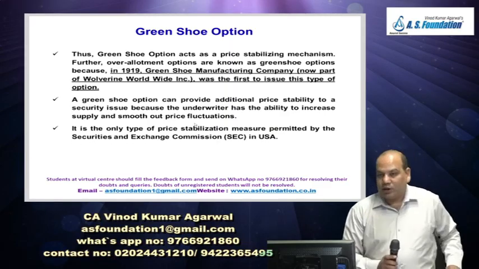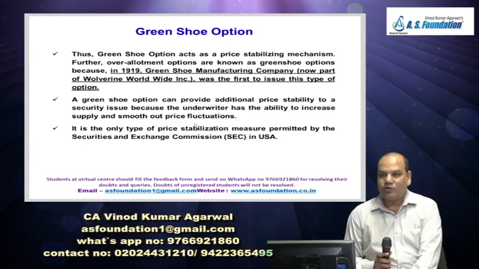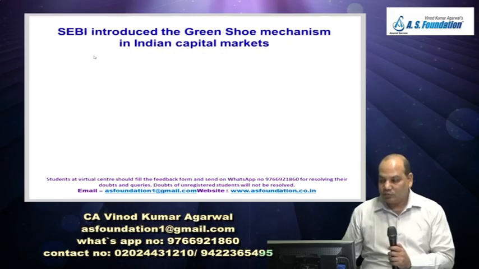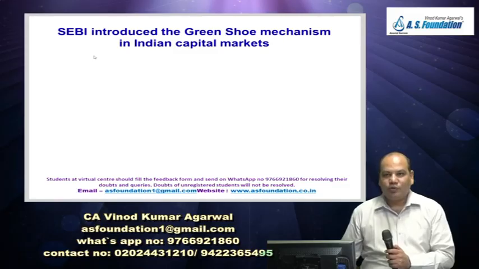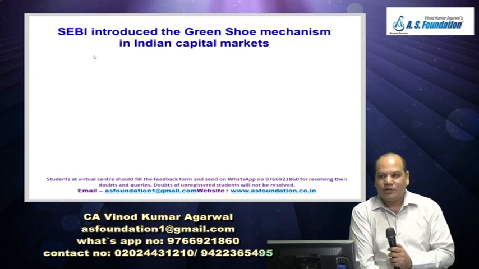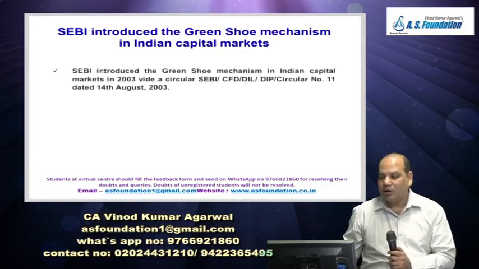It is the only type of price stabilization measure permitted by the SEC in the US. So this facility is also there in the US market. Then SEBI. SEBI follows SEC. Whatever happens in SEC, SEBI also tries to follow that. So it has also been introduced in the Indian capital market.